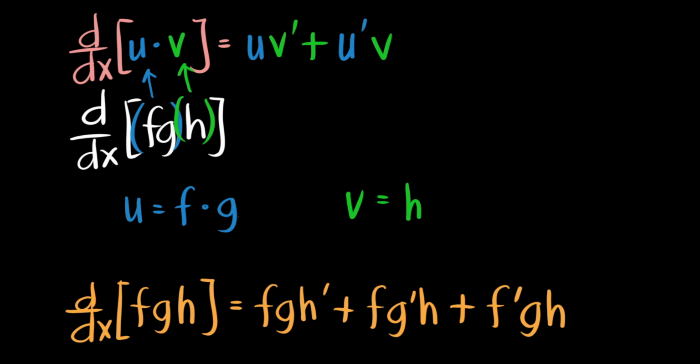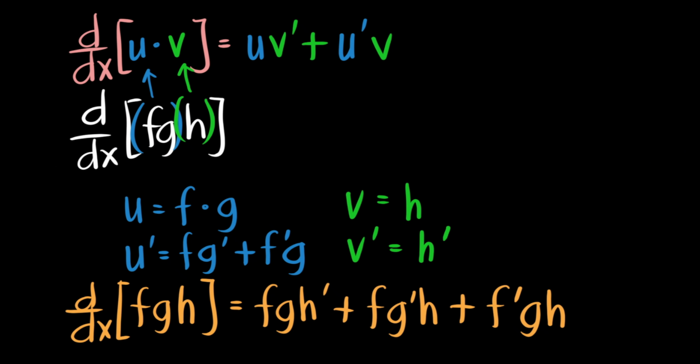Thus, we can use another product rule. u prime will be the first part f times the derivative of the second part g prime, plus the derivative of the first part f prime times the second part g. On the other hand, v prime is equal to h prime.